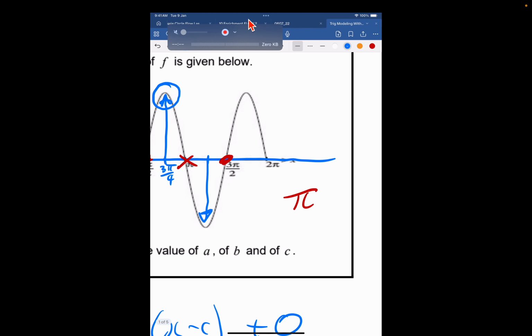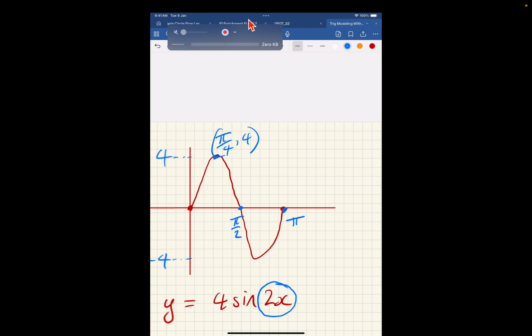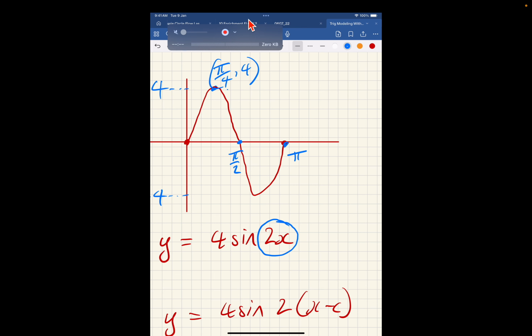So what's happened is that this pi over 4 has translated to 3 pi over 4, comma 4. Now can you see how far that shift is from here to here, where the maximum would be on the curve in the question? Yep, that's exactly 2 pi over 4, which is pi over 2.